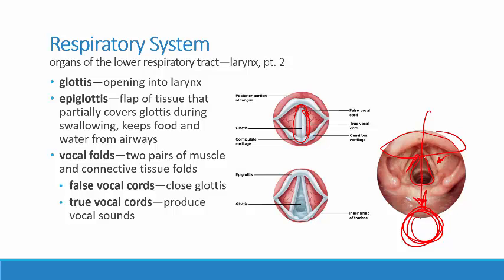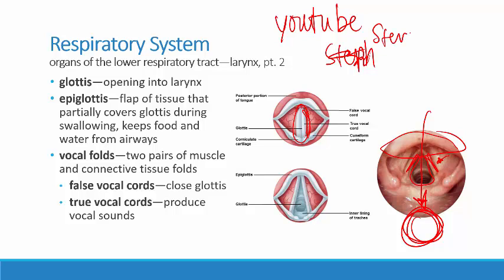And if you have not seen the video of Steven Tyler's vocal cords doing their thing, I encourage you to go to YouTube and just do a search for Steven Tyler's vocal cords.